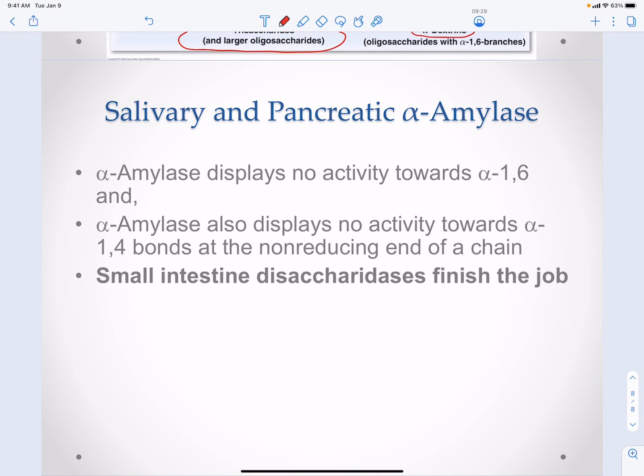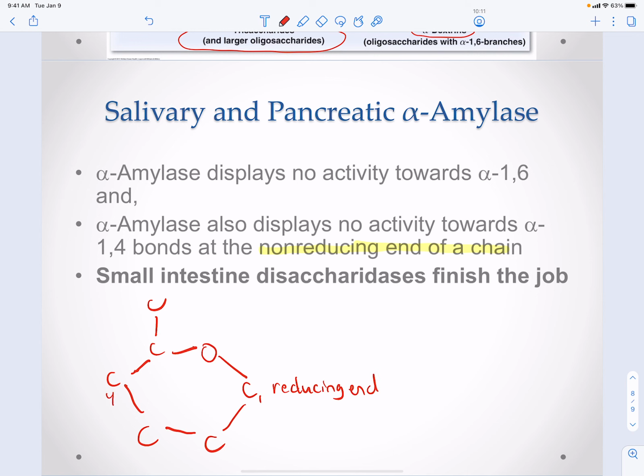Now your alpha-amylase is, again, not going to be able to work on alpha-1,6 bonds. And then your alpha-amylase is also not going to be able to work on the non-reducing ends of a chain. So remember, in your glucose, you're going to have your anomeric carbon. So you have carbon 1, this is your reducing end.